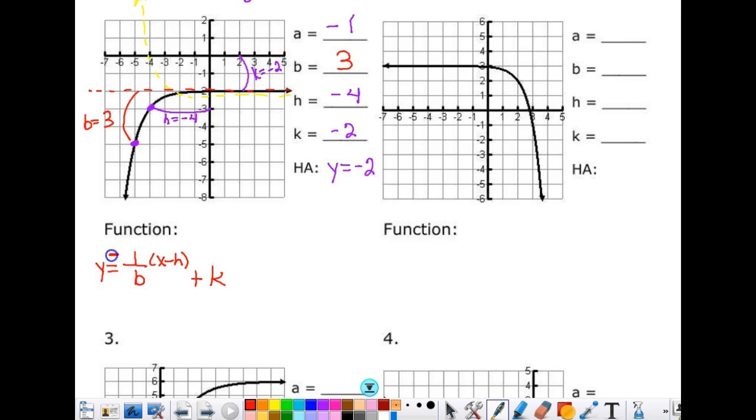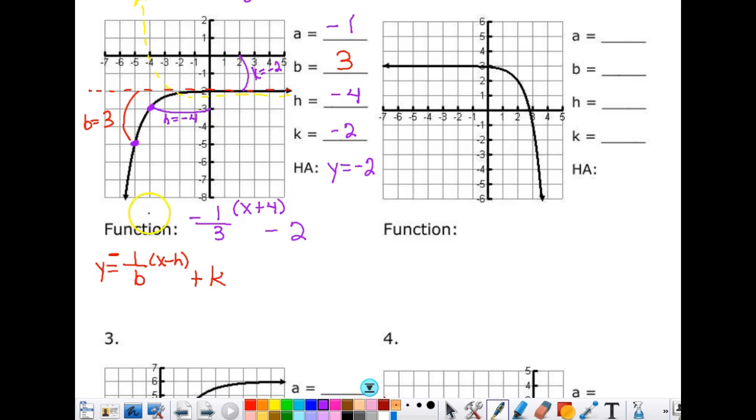Now, this one's going to be negative because it's a reflection. All righty, so negative 1 over 3, and then x plus 4, and then a big minus 2.